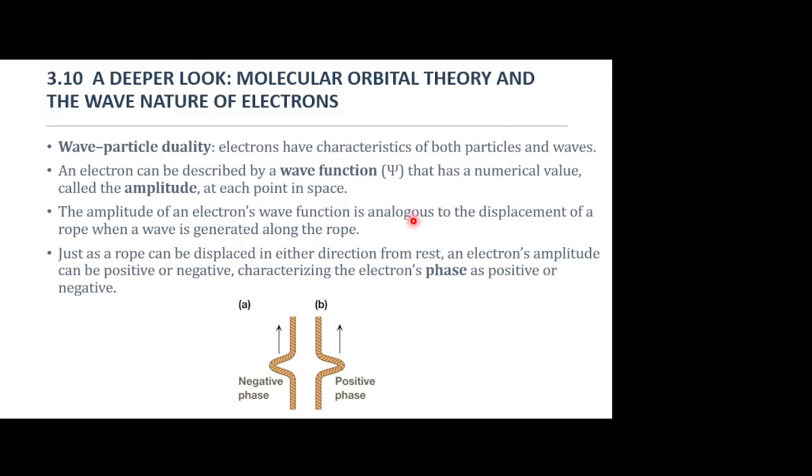Okay. And so an electron can be described with a wave function. This is phi here. It's a numerical value called an amplitude at each point in space. The amplitude of an electron's wave function is going to be analogous to the displacement of a rope when a wave is generated along the rope. Has anybody ever done this, where you take ropes and go like that, or seen that done?